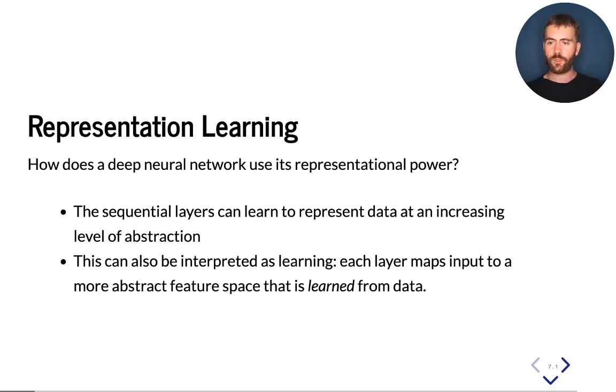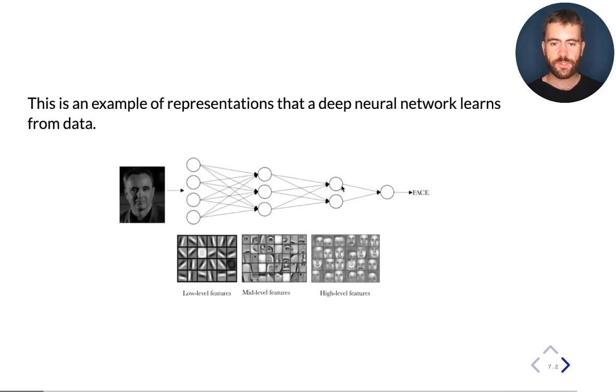Let me give you an example here. This is a visualization of a neural network with two hidden layers, which is actually considered relatively shallow.